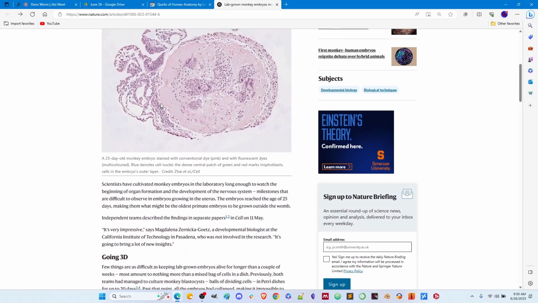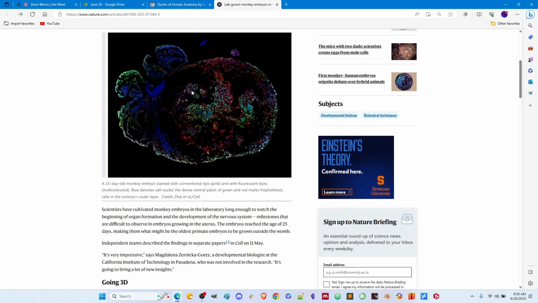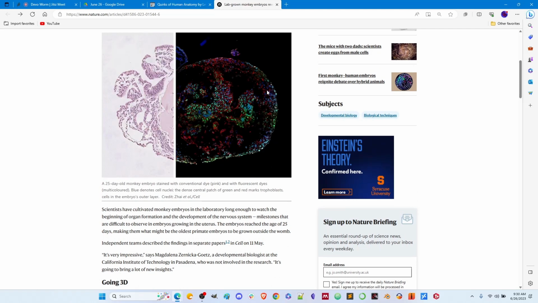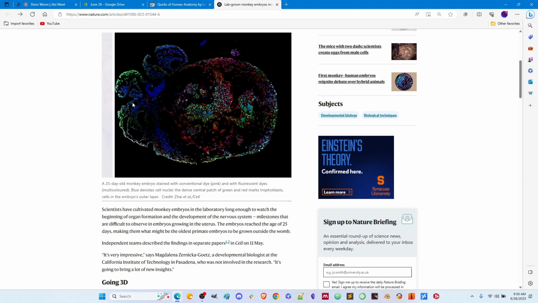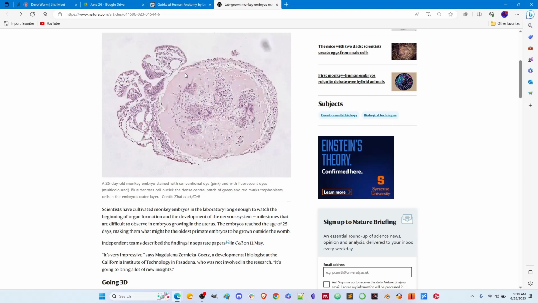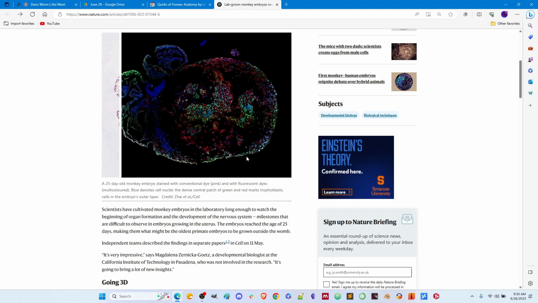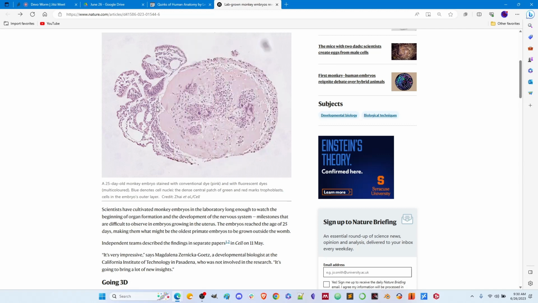And so this is the 25-day-old monkey embryo stained with a conventional dye, which is the pink image, and then this is the fluorescent dye coming up. So you can see that there are multiple colors here. The blue patches in the fluorescent dye denote cell nuclei, so you have a lot of nuclei there.